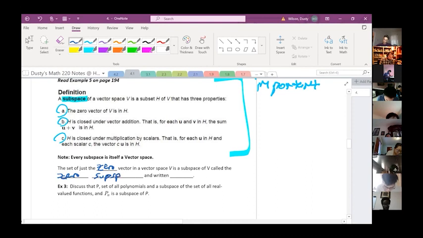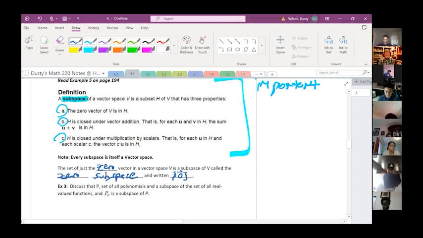And it's written as, it's going to blow your mind here, curly brace, zero vector, and then zero.